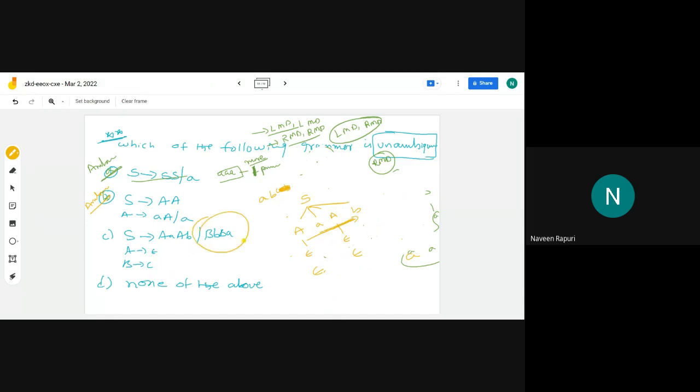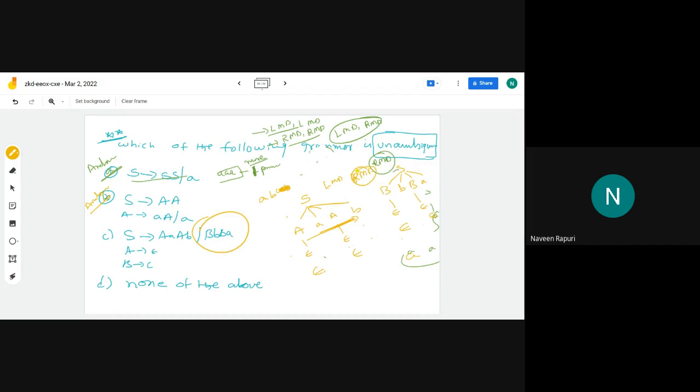Suppose coming to this one, B, B, B, A. So S derives. Whether you replace this one first or that one first, the tree is the same for LMD and RMD.